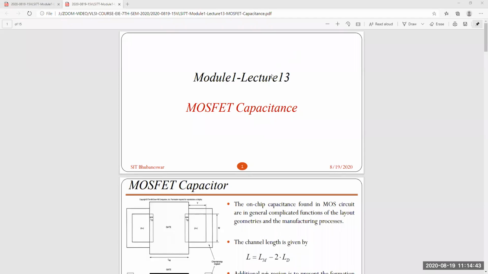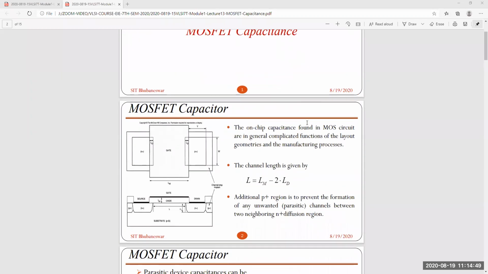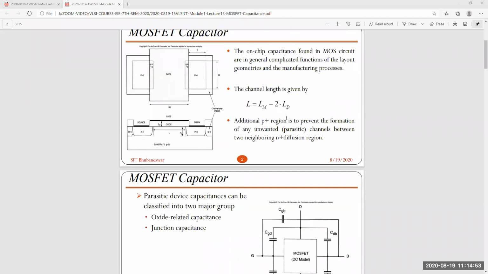So whatever things I said about the capacitance, you can clearly see in this slide also, the same thing. This is the picture of capacitance for a MOSFET. So why are we getting overlap? Because this gate extends towards this drain.